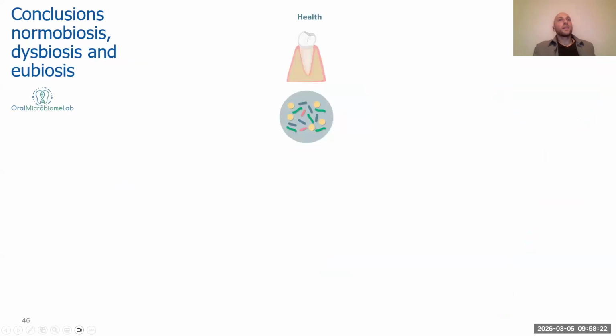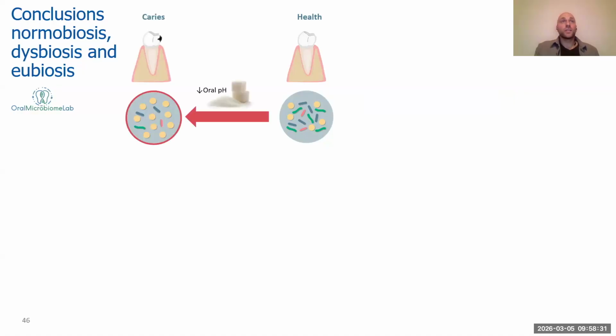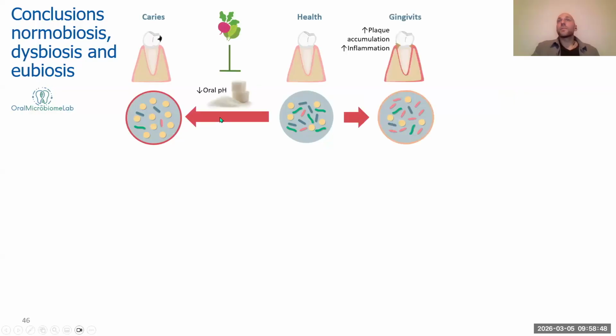And then here is another slide with conclusions just to go over how the oral microbiota can change in different situations. So when we consume sugar, that can decrease the oral pH and change the oral microbiota and stimulate caries development. Nitrate-rich vegetables can lead to pH buffering and limit caries development.